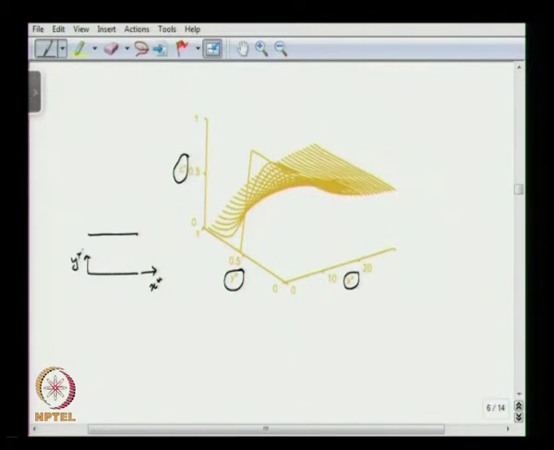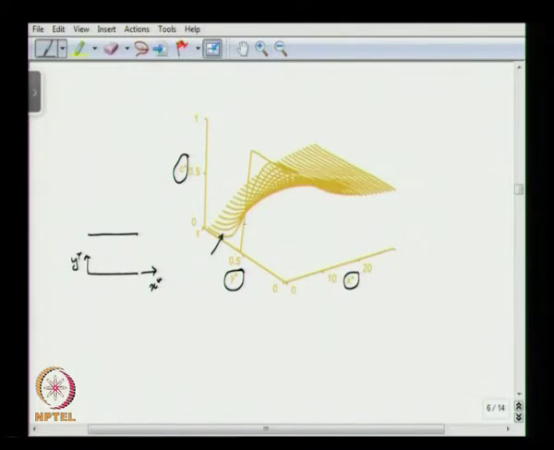You can see that across the channel, the concentration varies from 0 for the solvent to 1 for the solute. This is at some x equal to 0. So, there is a large gradient of the concentration across the middle line.